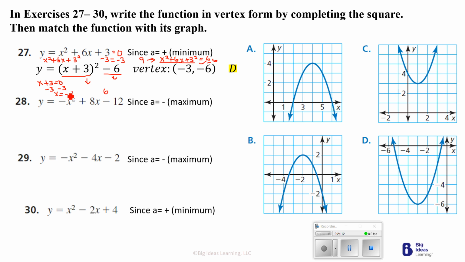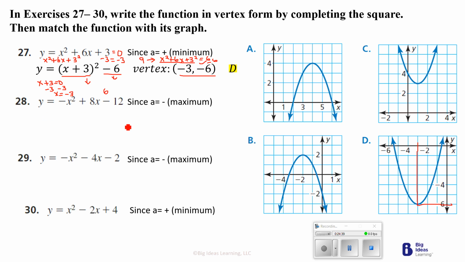So we have negative 3 and 6. And we did eliminate this one over here because we did say the y value is 4. Kind of knew it had to be D, but let's just verify that at negative 3 and negative 6 is our vertex, and this line obviously was going to cross through 3.